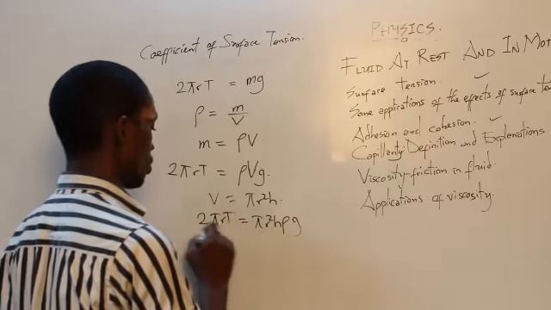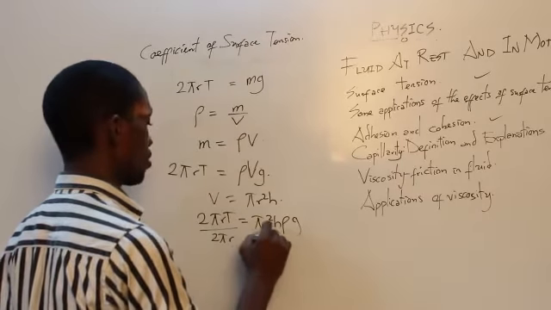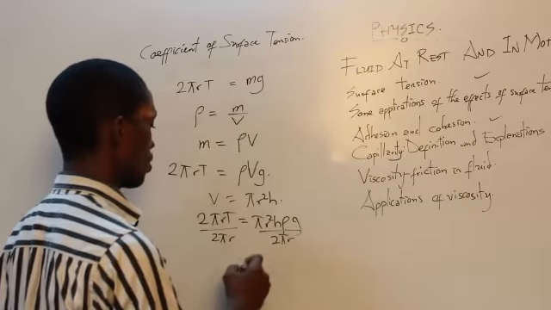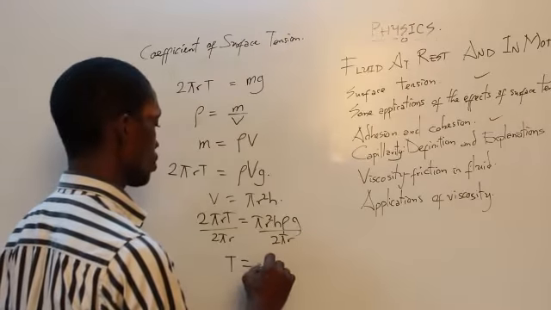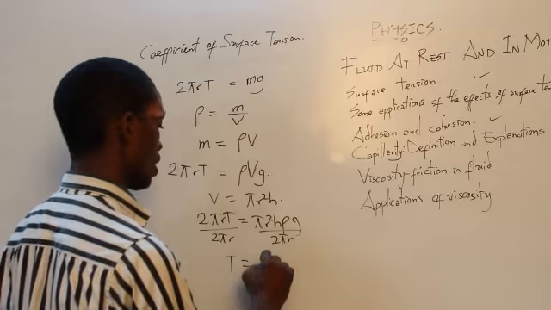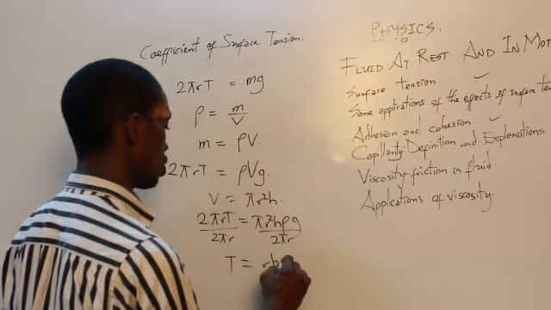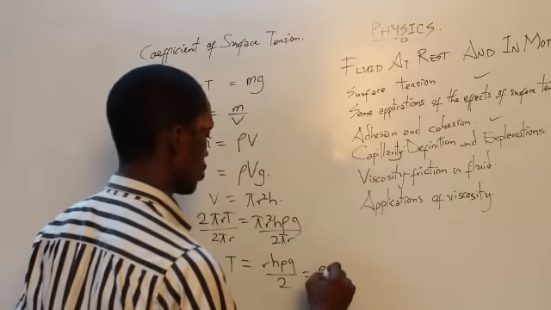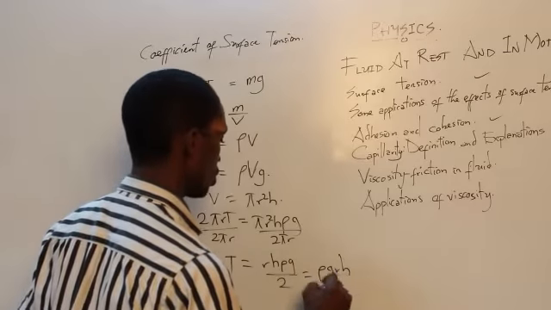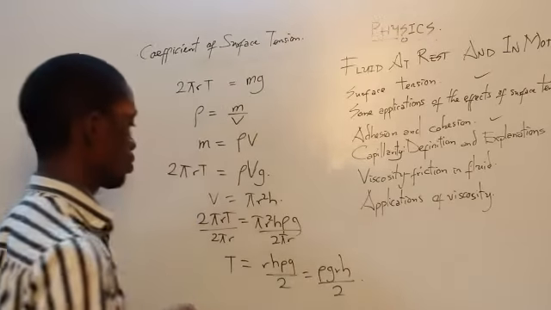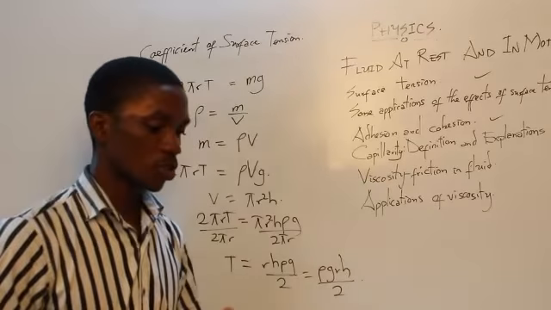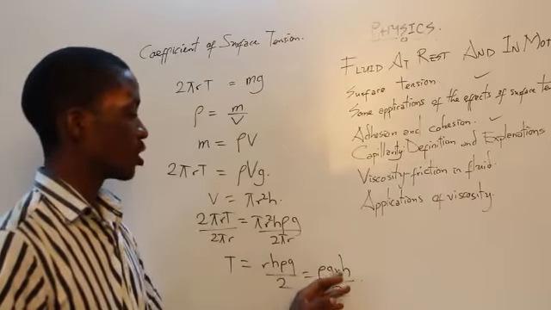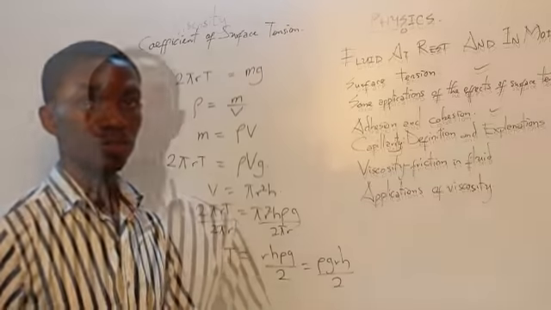Dividing through by 2 pi r, we have T equal to r h rho g over 2. You can write that as rho g r h over 2. So our coefficient for surface tension is given by rho g r h over 2.